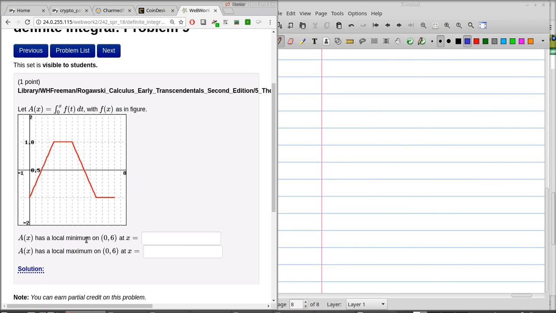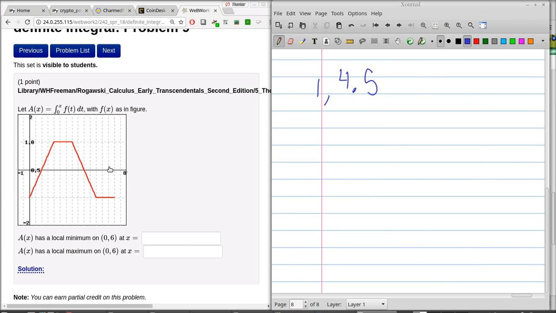Its derivative is f, which I can only guess is the curve here. The red line must be f. So A of x has critical points at, this is 1, 2, is that 3, 4, 4.5. So there are critical points at 1 and 4.5.